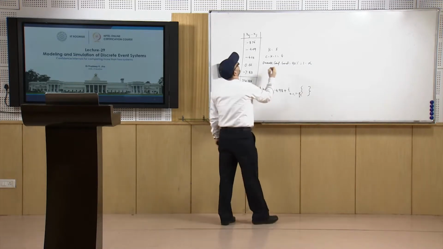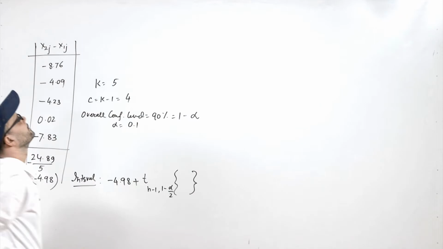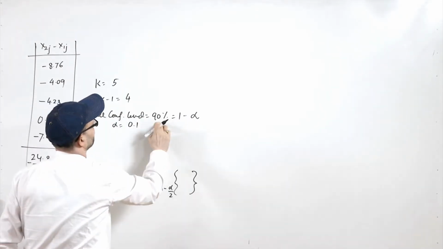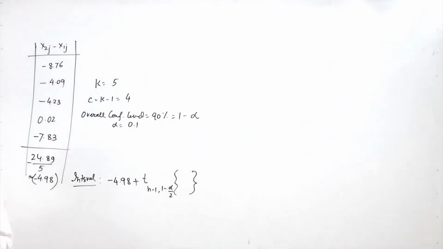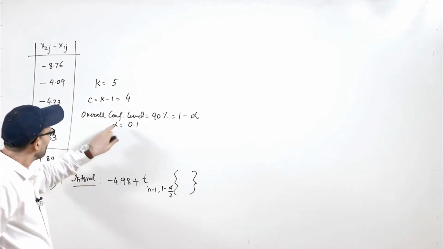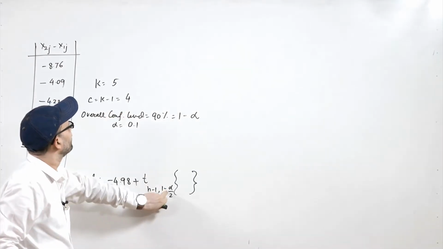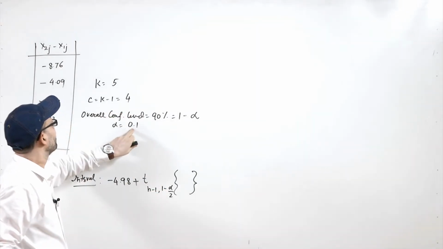So, in that case your alpha is 0.1, because 1 minus alpha is 0.9. So, alpha is 0.1. Now, in this case, because we are making C as 4, this alpha will be nothing but this divided by 4.